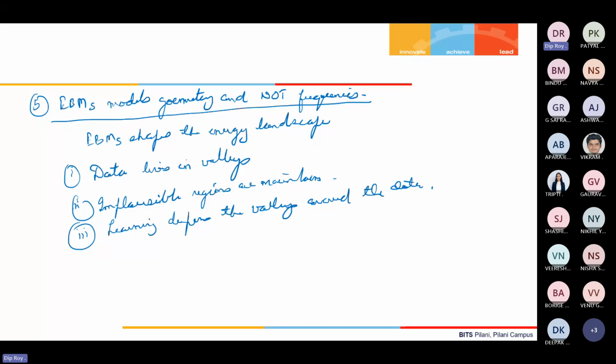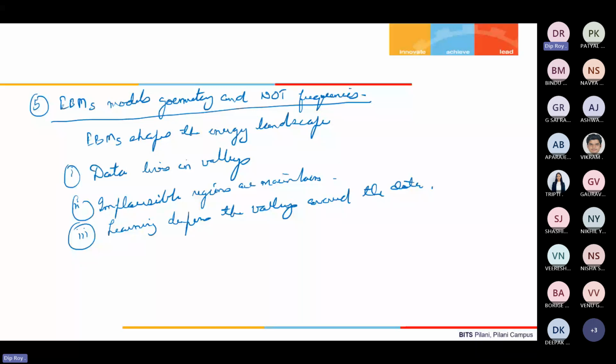So why are we saying that the data lives in valleys? Because you remember that probability and energy have an inverse relationship.